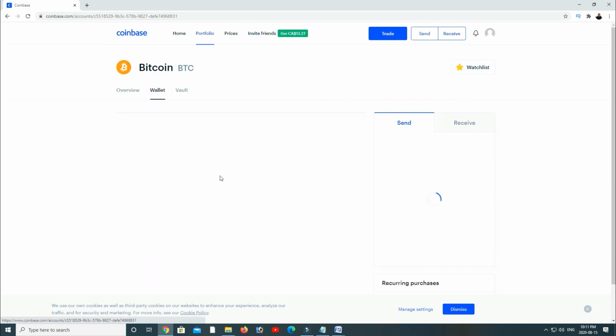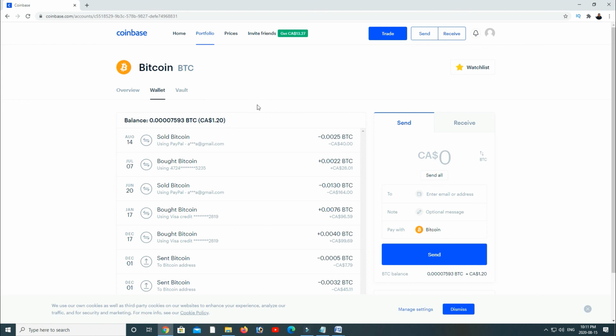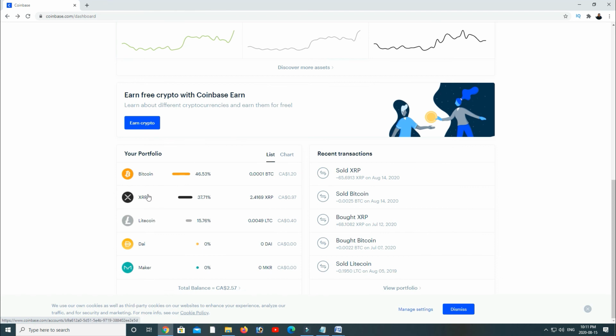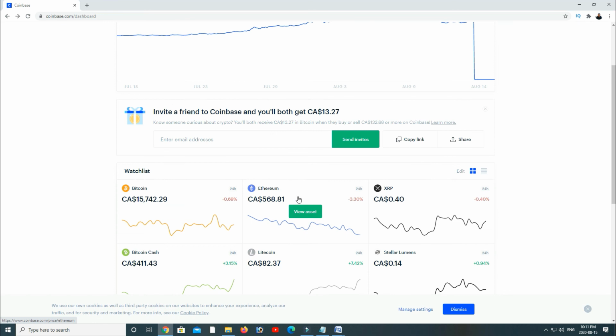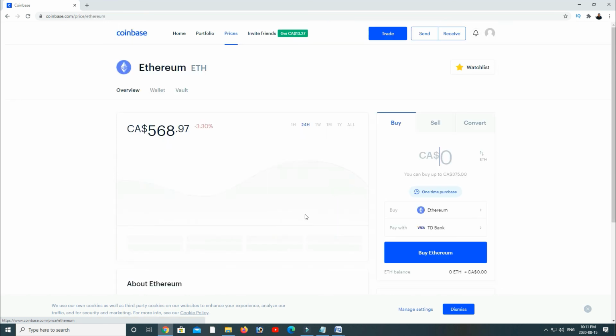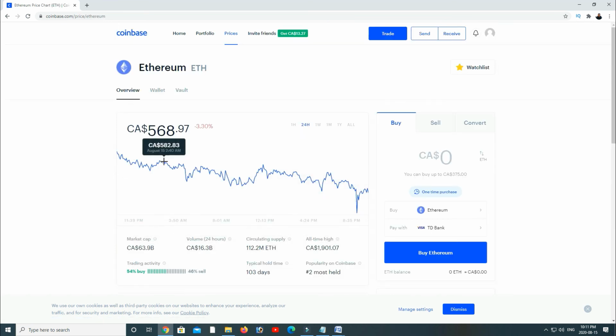So this is Bitcoin. It is the most powerful cryptocurrency ever. And then Litecoin and XRP. Ethereum is also good. You can see its market capital of 63.9 billion, which is good.